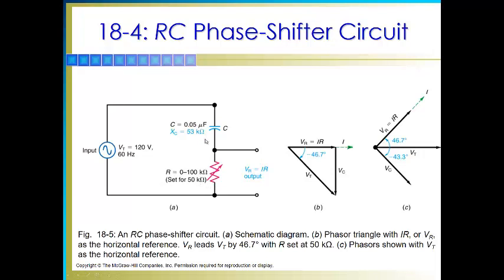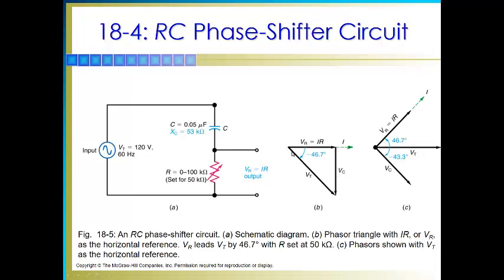The voltage will be the current times the resistor. So the current in here can be calculated by calculating the total impedance, and then dividing that into the voltage, and that gives you the current. So you get the voltage across the resistor, get the voltage across the capacitor, and then you find the angle right here.